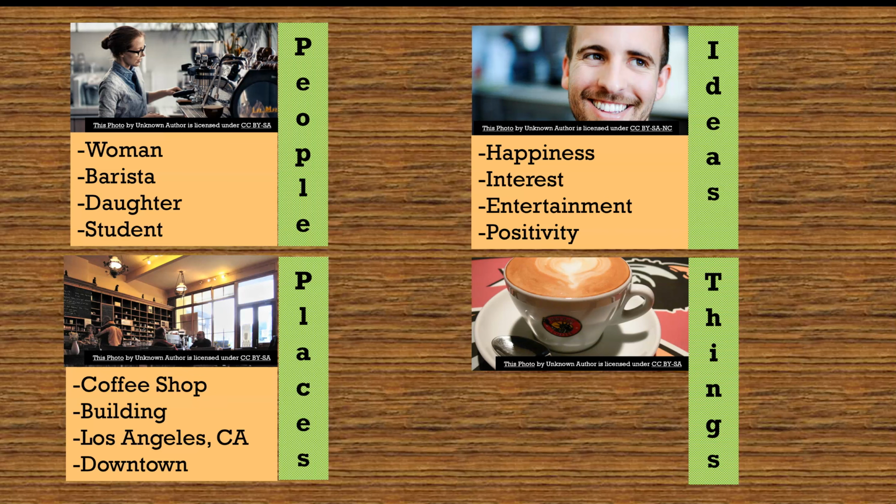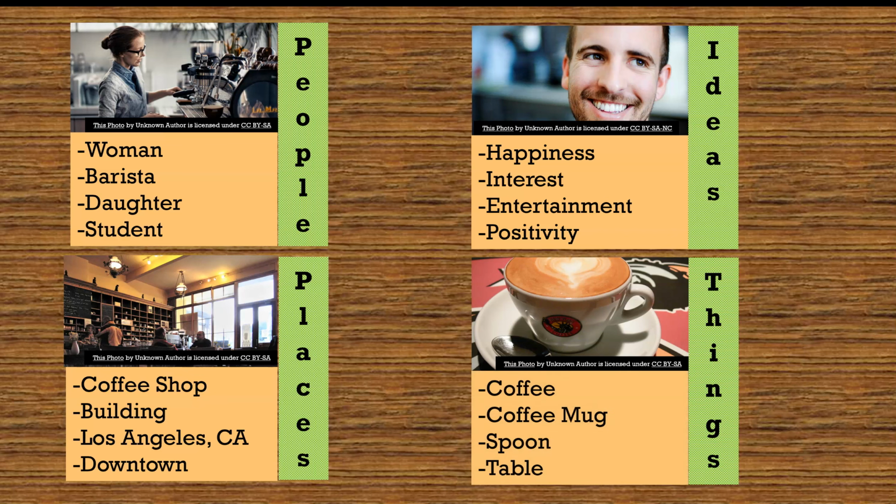And the last one is things. Things here are coffee, coffee mug, spoon, table. Things are usually something that has no life, that is not a person. Like coffee or a coffee mug, there's no life in it.